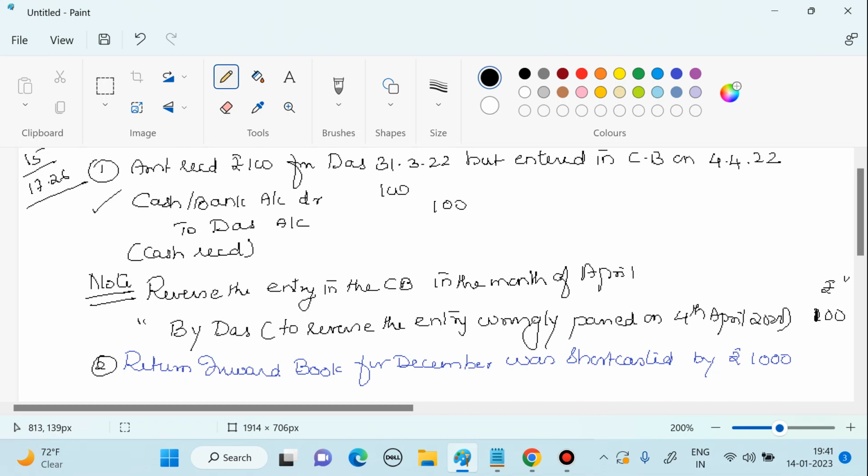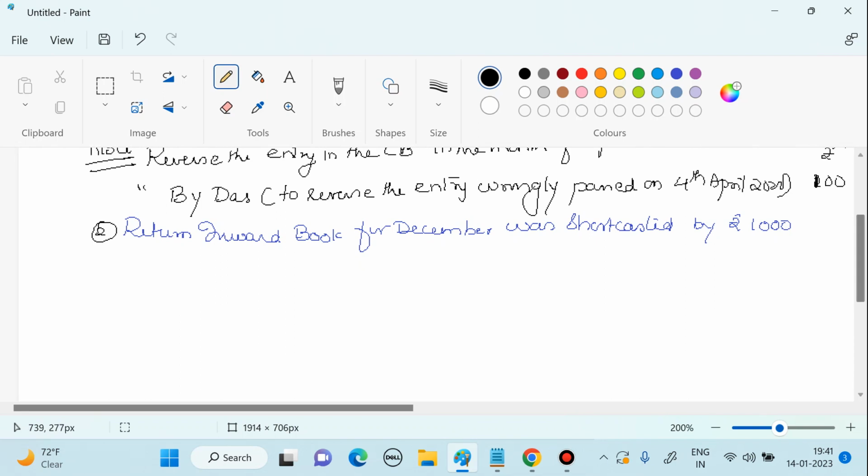Next one is return inward book for December was shortcasted by 1000. So shortcasted means what? Less has gone or more has gone?